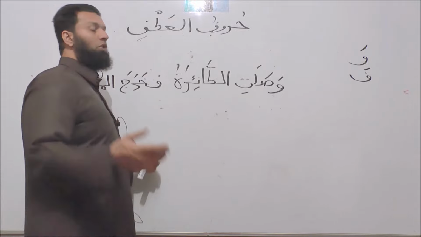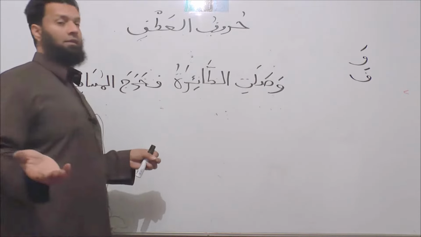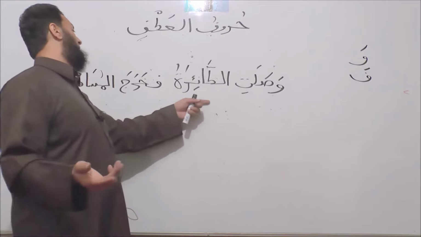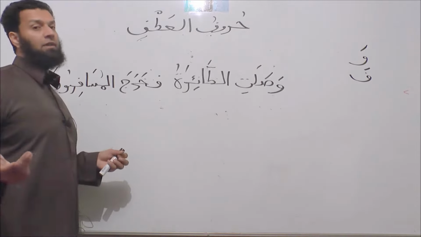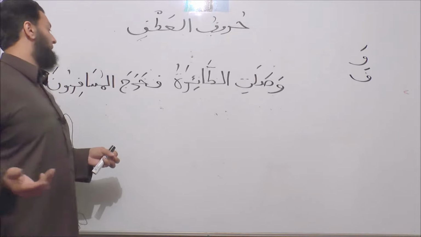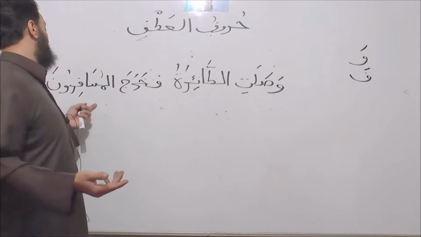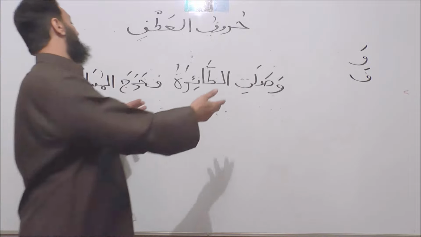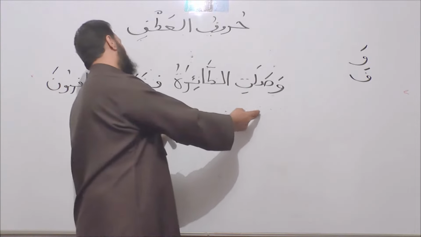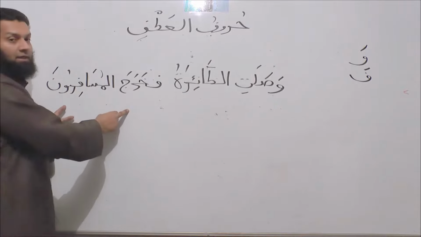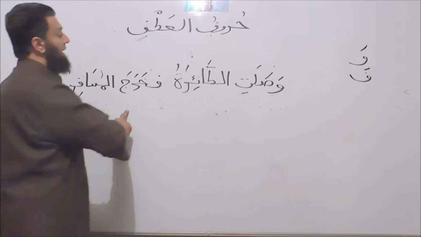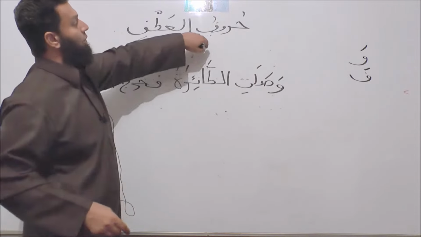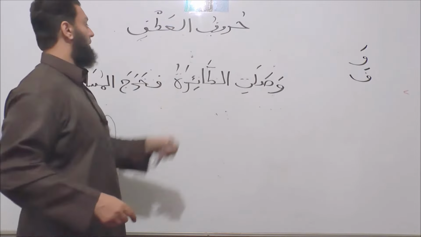So here, what do we have in essence? We have a jumlatul fi'liya and we have jumlatul ismiya. No. Ya Muhammad, kharaja al-musafiruna. Oh, two jumlatul fi'liya. Right, we have a jumlatul fi'liya here and we have a jumlatul fi'liya here. And connecting them is the fa, which is min huruf al-atfi. Right?